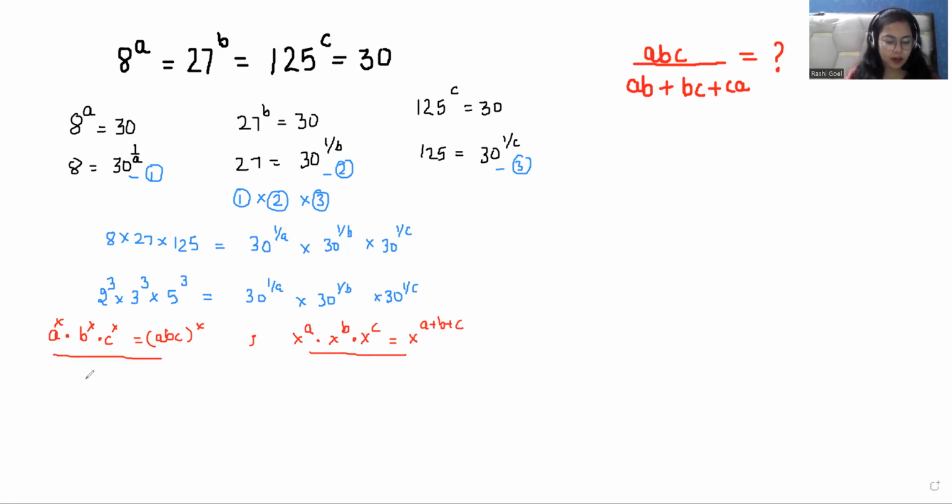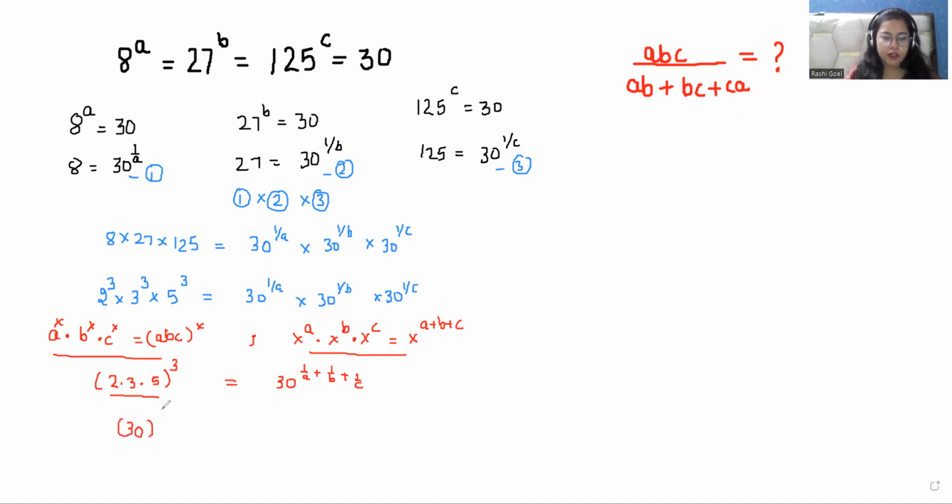So LHS I can write as (2 times 3 times 5) whole power 3 is equal to 30 power (1 by a plus 1 by b plus 1 by c). So if I multiply the brackets, 2 times 3 times 5 is 30.